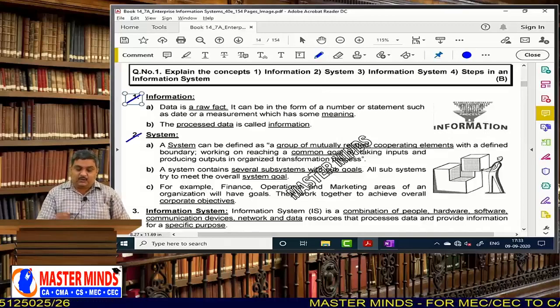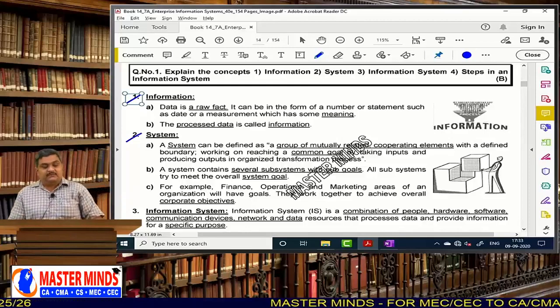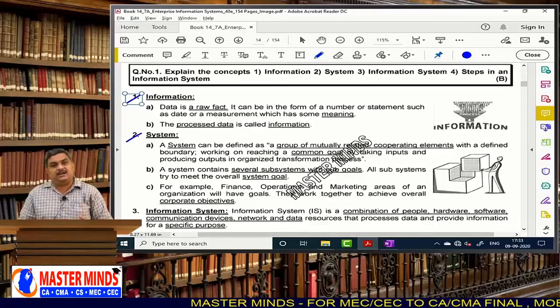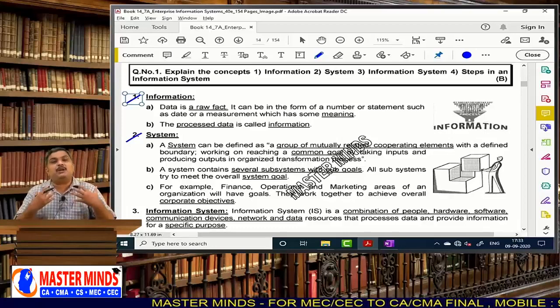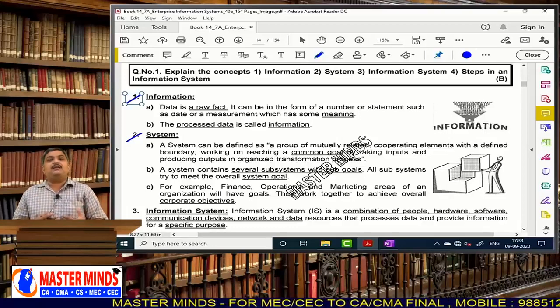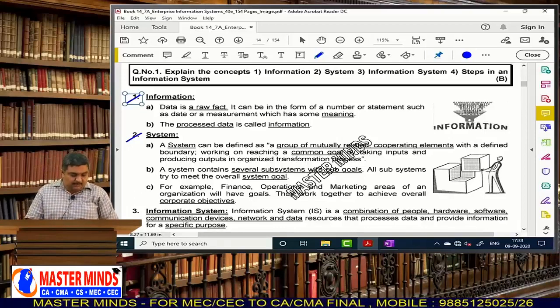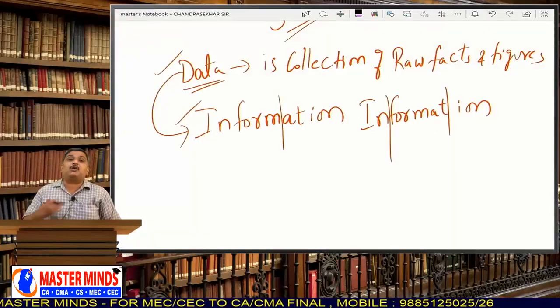Now let us see what is a system. What do you mean by a system? The best example in this world for a system is our human body. Our human body is a perfect system, because in our human body we have a number of components.